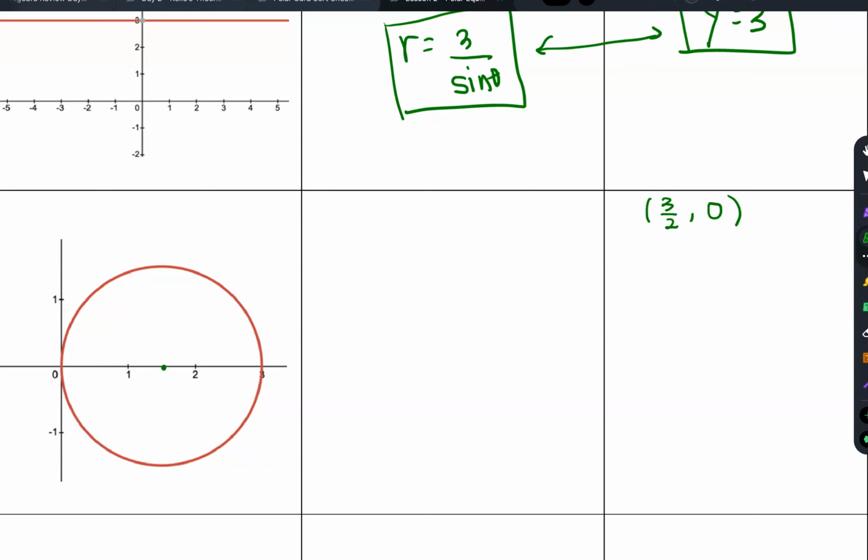And what is the radius here? The radius is going to be 3/2.